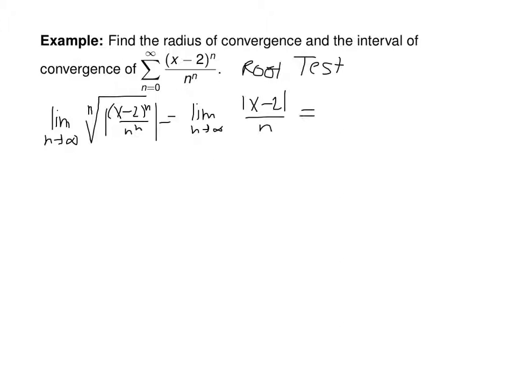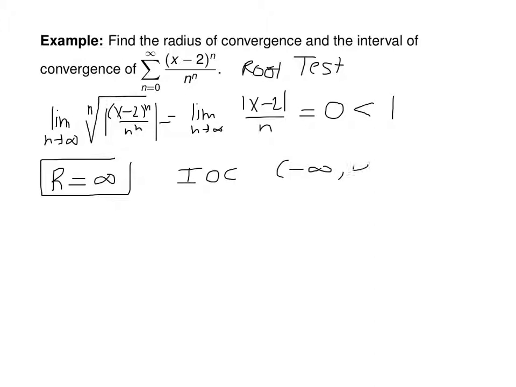And this limit is going to be 0, which is less than 1. So thus, in this case, we have the radius of convergence is infinite, and the interval of convergence is minus infinity to infinity.